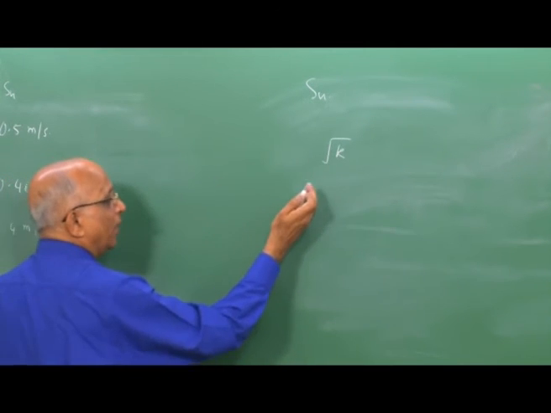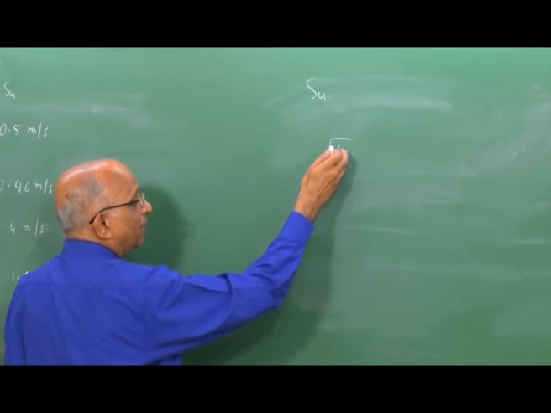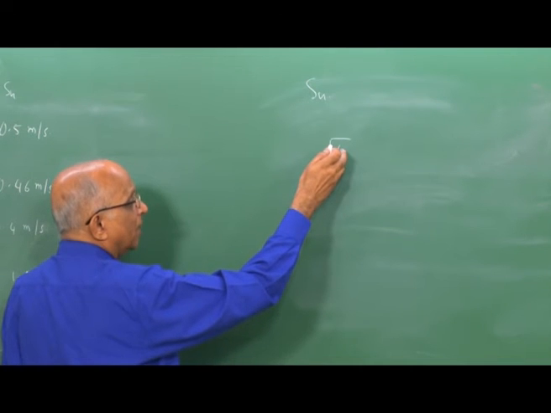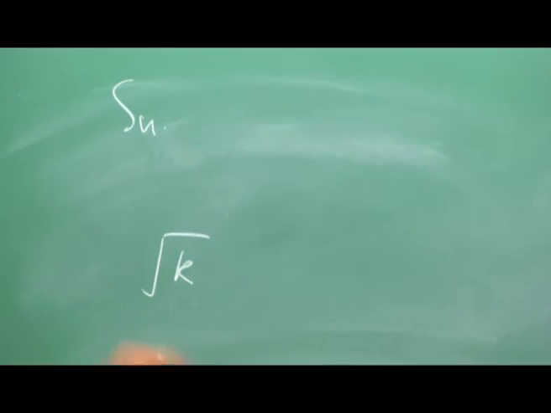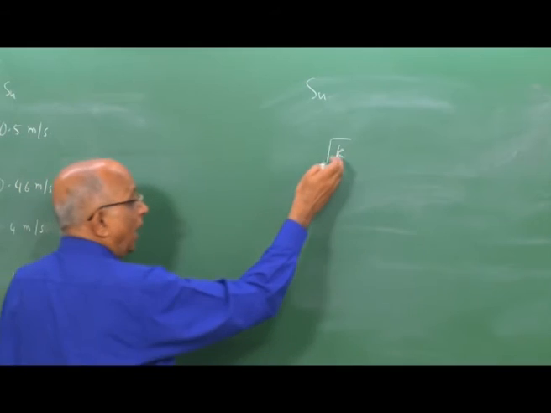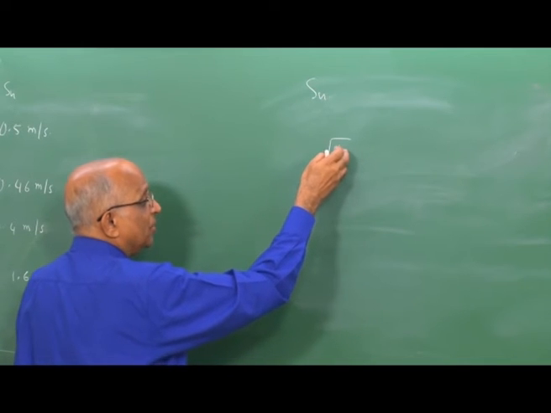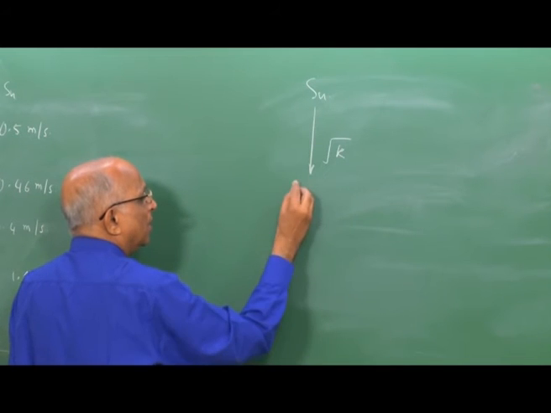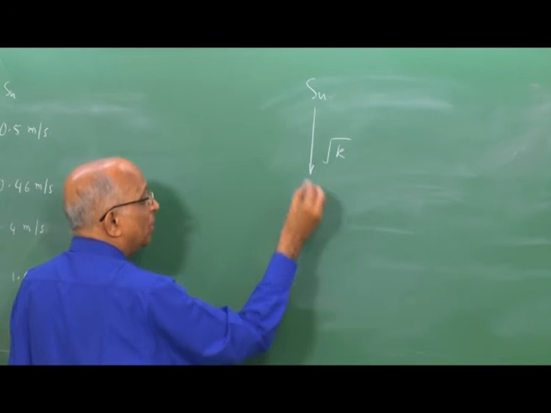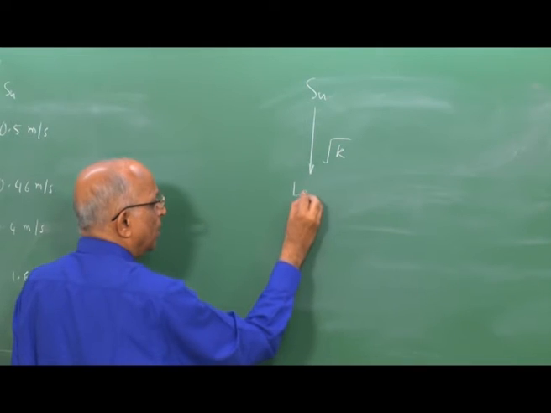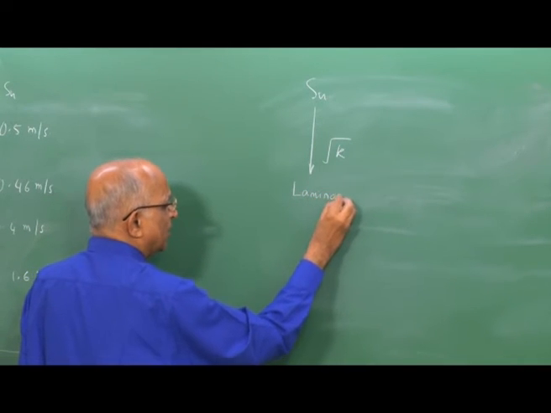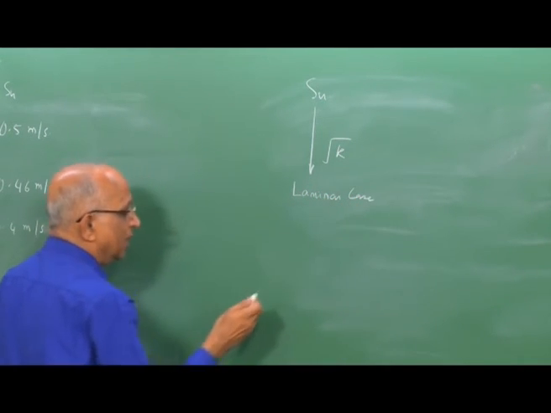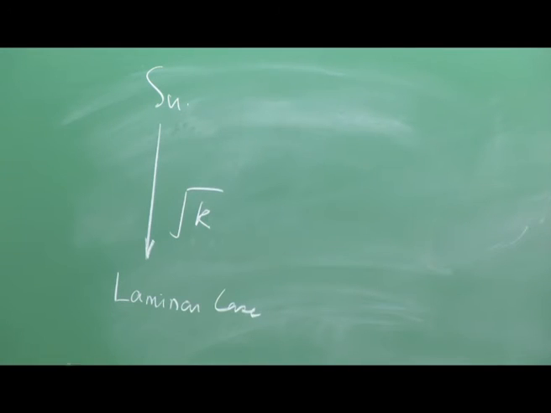Whenever something is moving, I can not only have the transfer of heat by conduction, it could also happen by convection, and especially if something is very turbulent, what could happen? Well, I could have an equivalent conductivity which is very much higher. Therefore, I can also say, well, the SU which I have been able to develop so far based on this model is only good for a laminar case, in which the transport of heat is by molecular conductivity k over here.